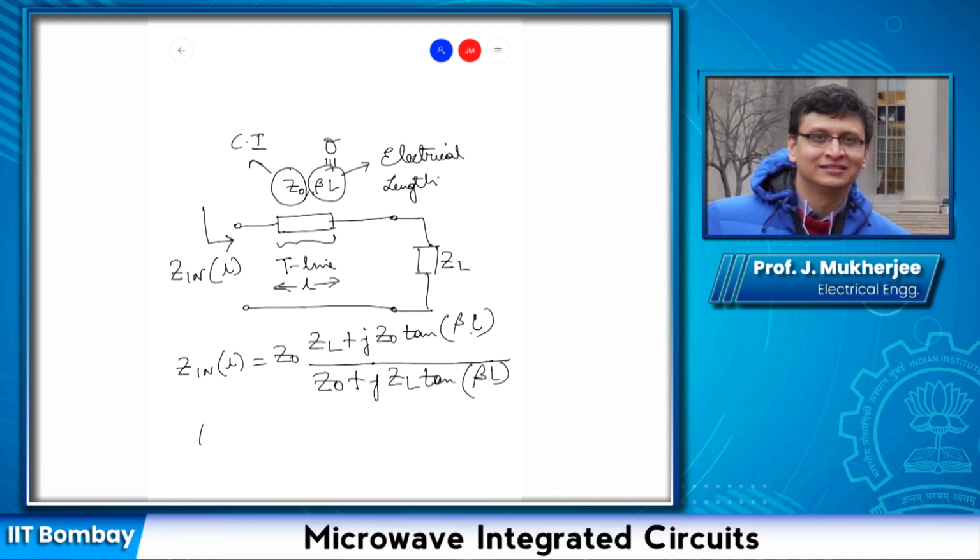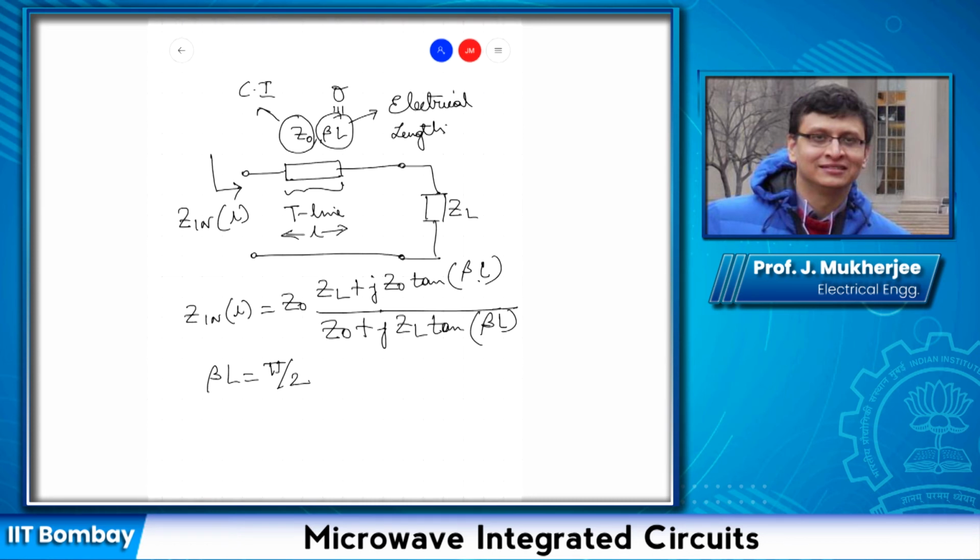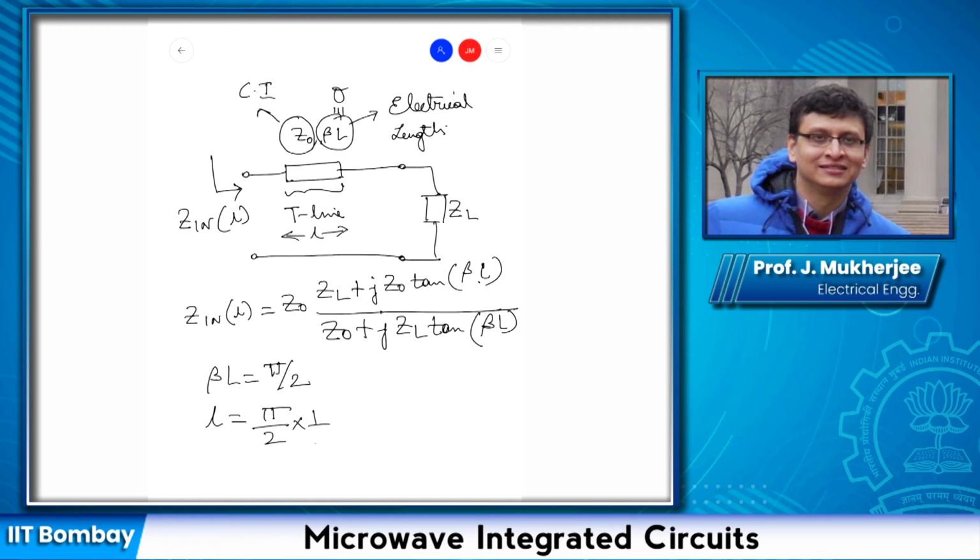Now beta L here is pi by 2. So if beta L is pi by 2, then L is equal to pi by 2 into 1 upon beta, which is equal to pi by 2 into lambda upon 2 pi, and this is equal to lambda by 4.